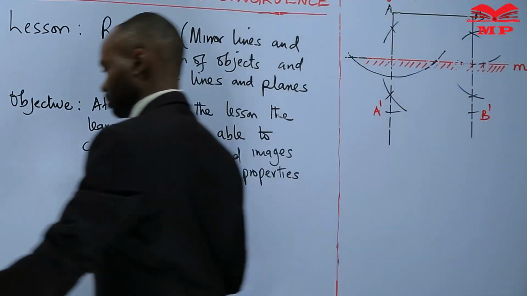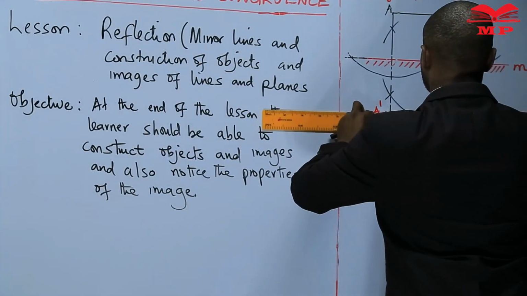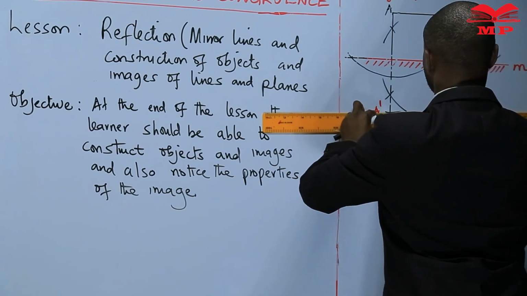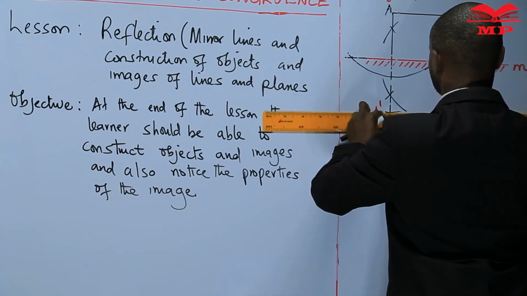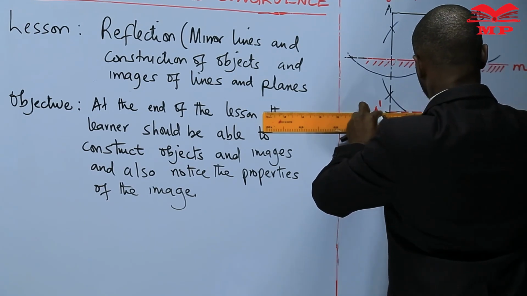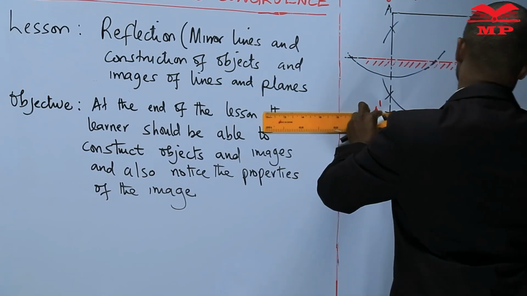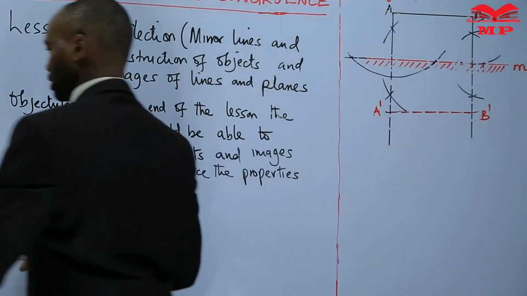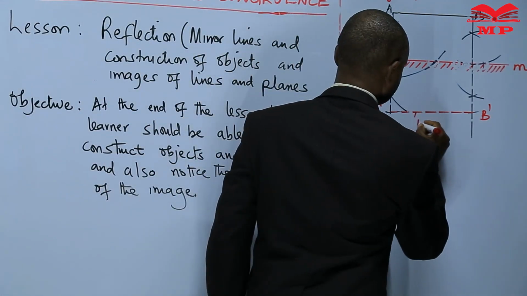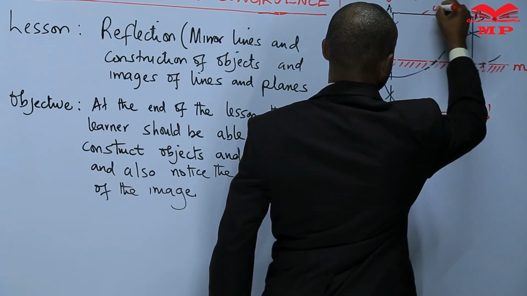So I'll join, and that is the image. You take the line as the object.